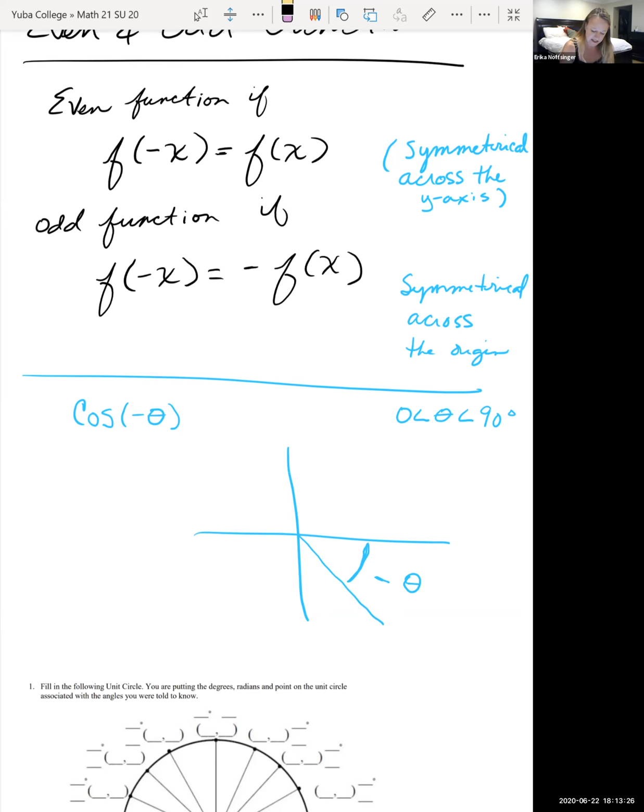Then if I took that same angle and put it above the x-axis, this would be positive theta.